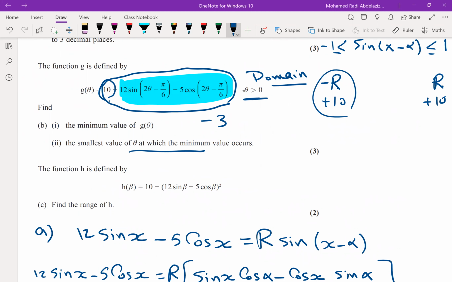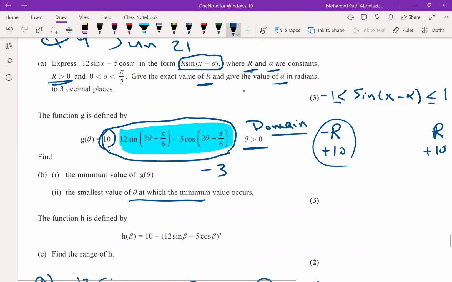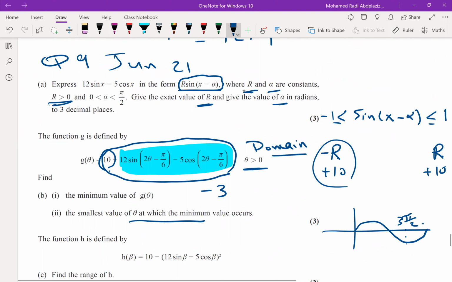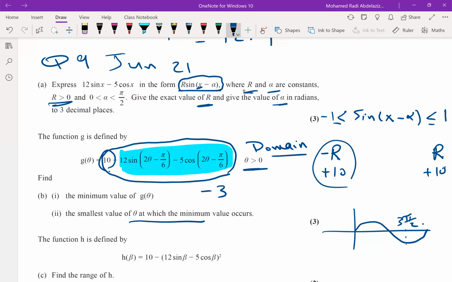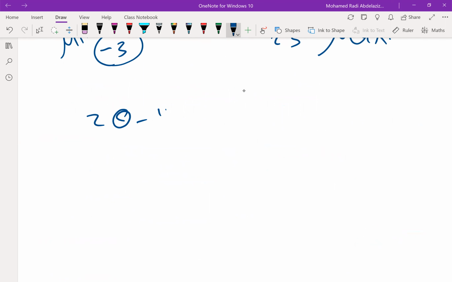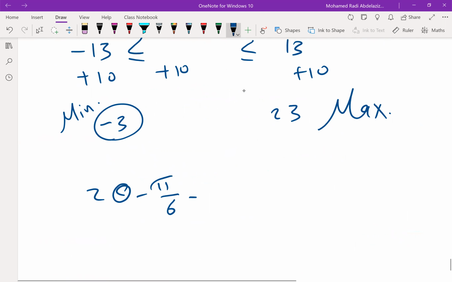The minimum of sine, after writing this expression, is at 3 pi over 2. So I will take this equation now, after removing x, and write 2 theta minus pi over 6 minus alpha, found 0.395, equal to 3 pi over 2.